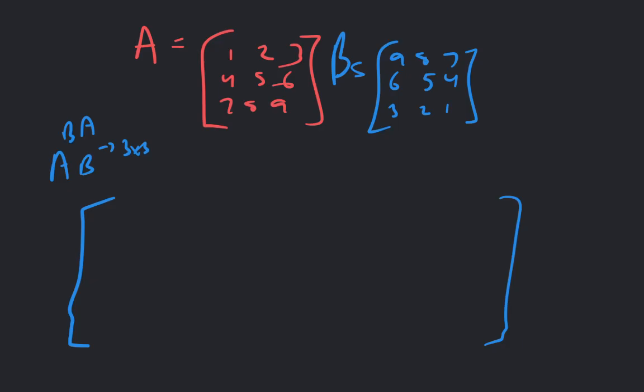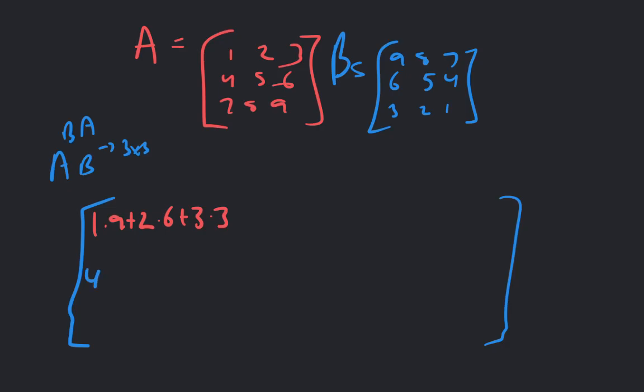Let me undo those actually. For the next element right here, it's this row times this column.